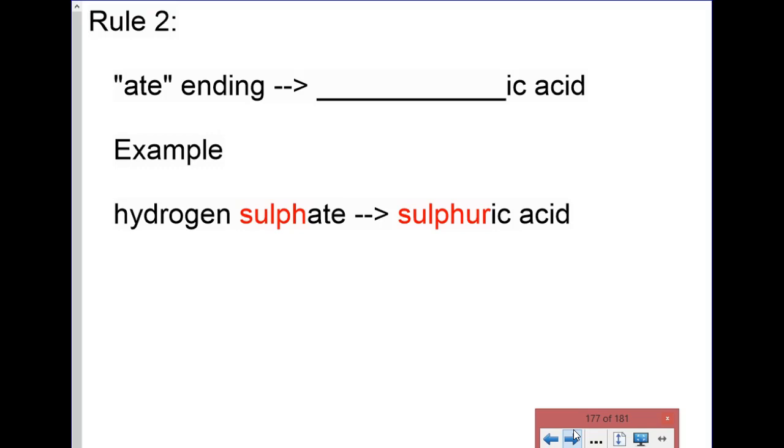Good. Yeah, definitely. You're using the back of the table. Anything with an ATE or ITE ending is going to come from the back of the periodic table. Awesome. So, nitric acid is HNO3.